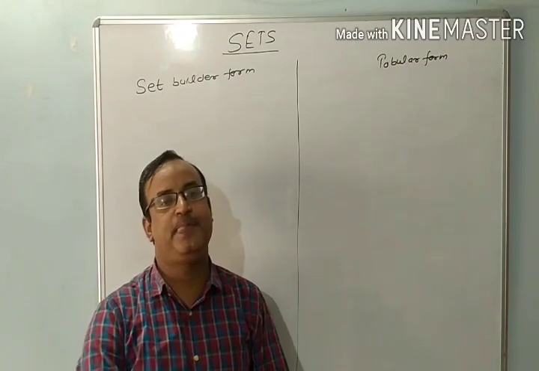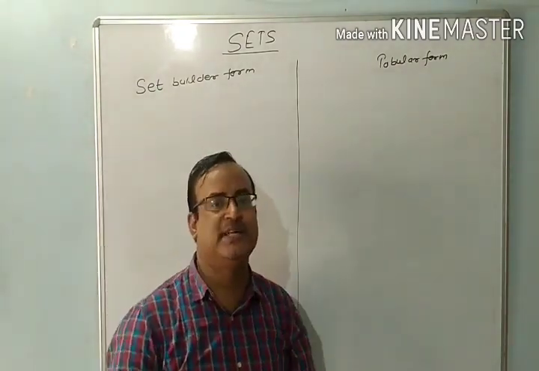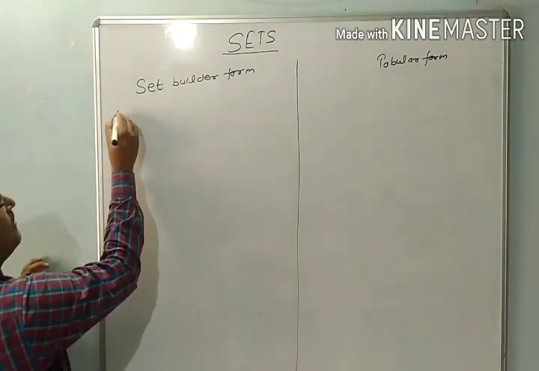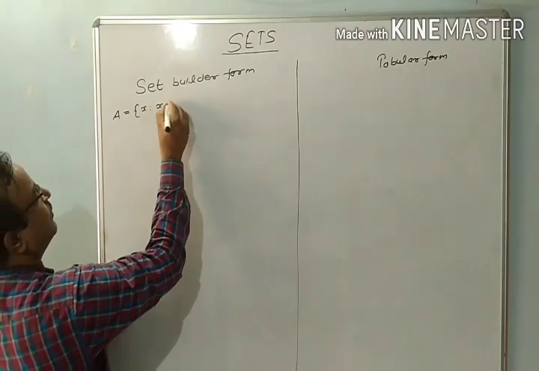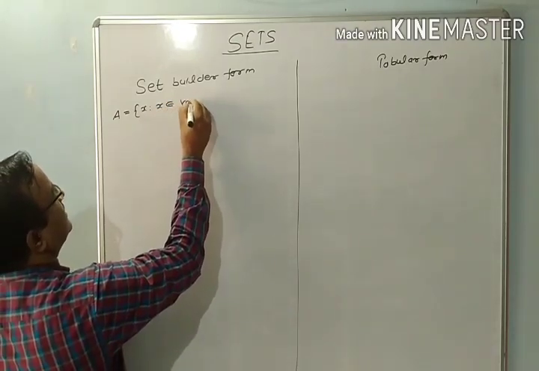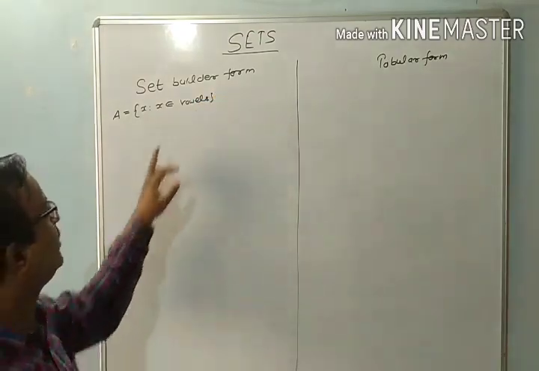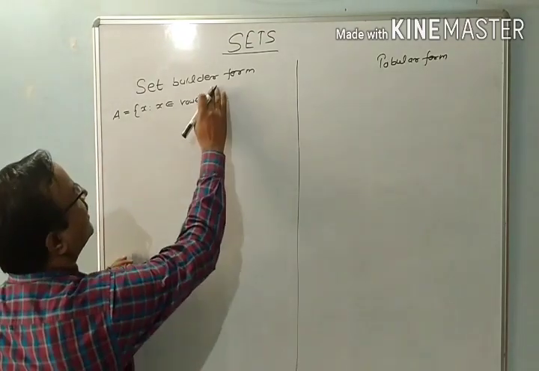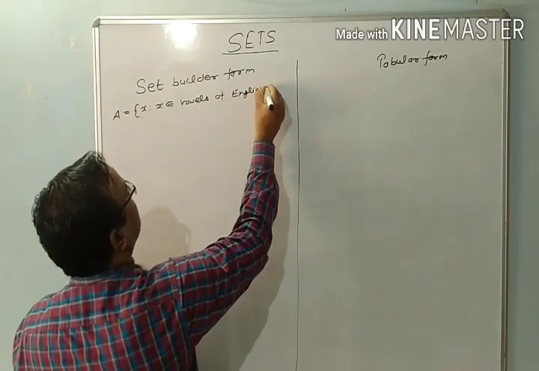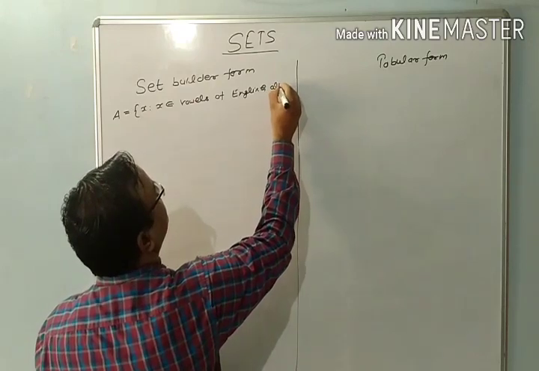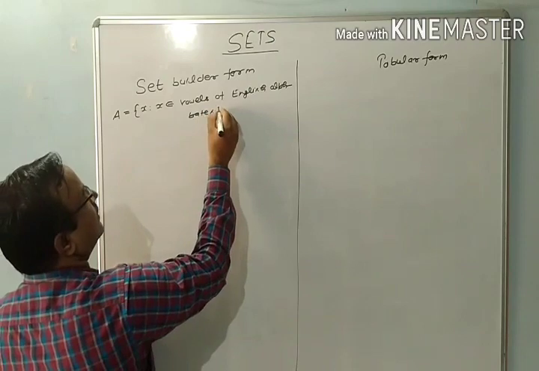Now I am going to describe how we can write a set builder form into tabular form with some examples. The first example: {x : x is a vowel of the English alphabet}.